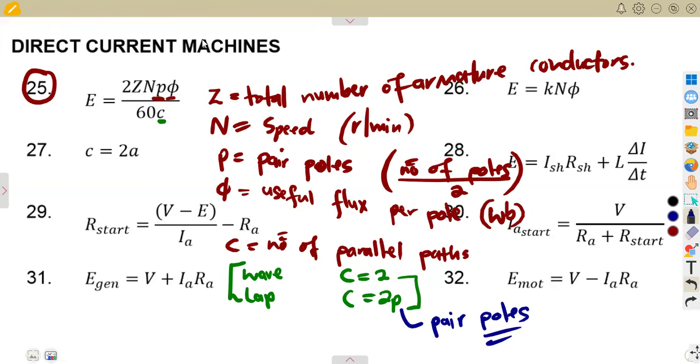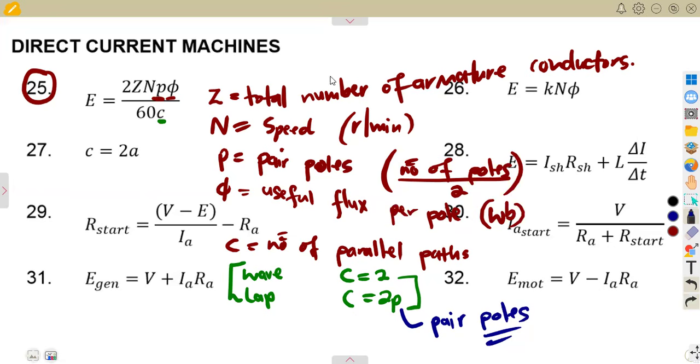So if you multiply, it is 2 times the pair poles, which is simply the number of poles that you're given. So for a lap, your C is equal to the number of poles. But if you're given a wave, your C is going to be equal to 2.